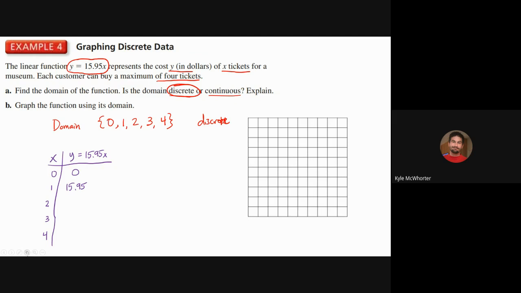2 times 15.95. Now I'm going to get a calculator. 2 times 15.95 is 31.90.